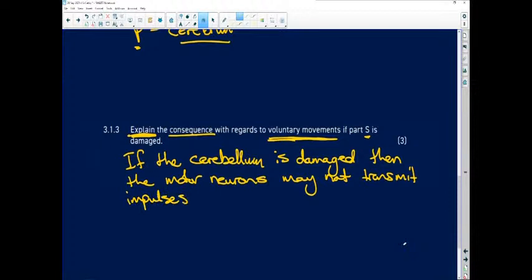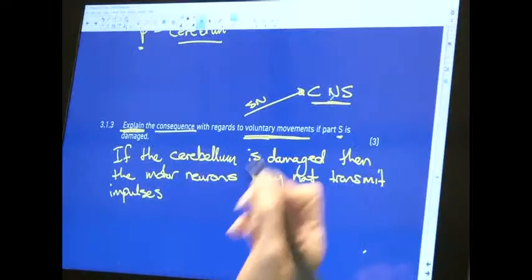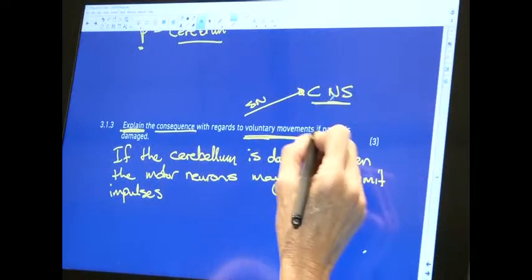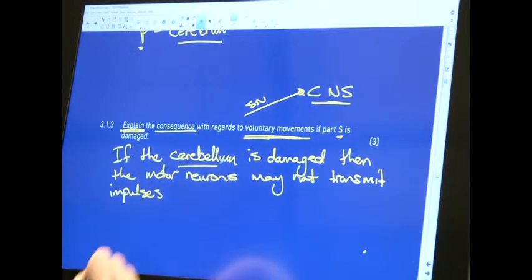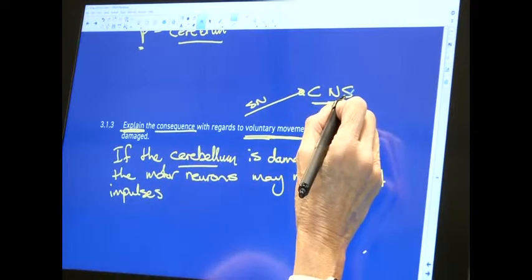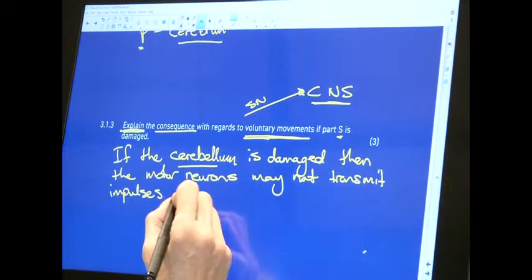because remember it's responding. Your sensory neurons will send messages to your central nervous system, which is, by the way, the brain. So that's going to get to the cerebellum. The cerebellum is damaged, so it's now not going to respond.